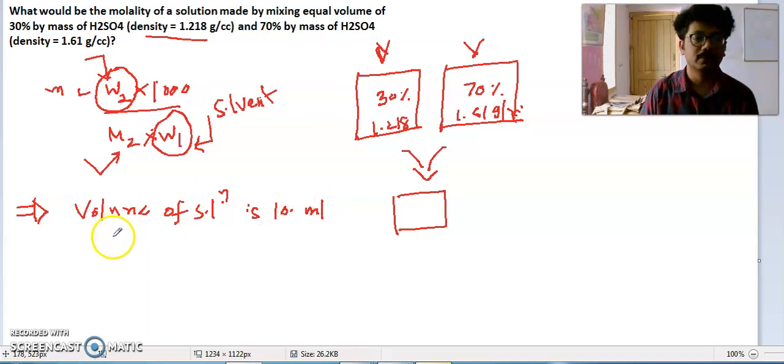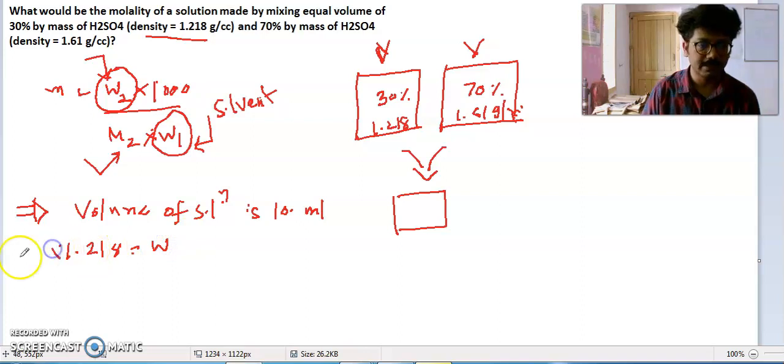First of all, for this 100 ml, I will find the mass with the help of the density, so I will get the total mass of solution. The density is 1.218, equal to mass by volume. Volume is 100, so the mass of solution is 121.8 gram.